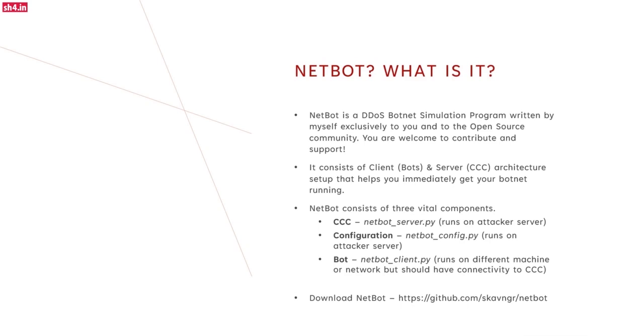The third and final component of NetBot is the netbot_client.py Python code. This will be the bot code or the client code that needs to be deployed on the slave or worker machines that have direct or indirect reachability to the CCC server. The bot code should be deployed on the client machines individually.